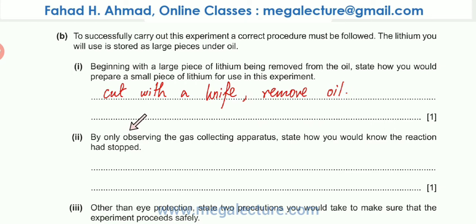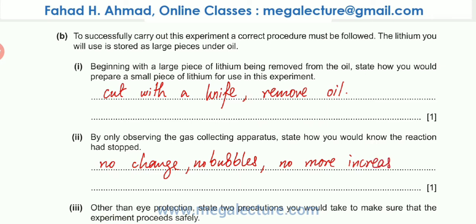Next, part 2, by only observing the gas collecting apparatus, state how you would know the reaction has stopped. So how would you know that the reaction has stopped? So no change would be seen once reaction has stopped. No bubbles would be produced. So no bubbles, no more increase in volume of H2 gas.